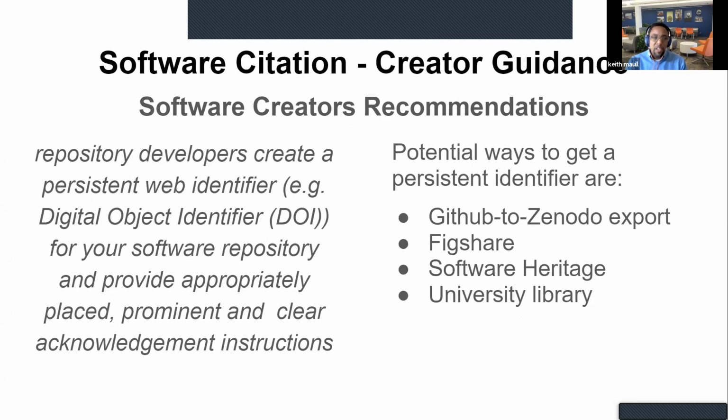Because if the DOI is 5 scrolls down and the citation example is in some 0.6 font and no one can see it, it's likely to be missed as some irrelevant footnote that I'll just kind of scroll through.